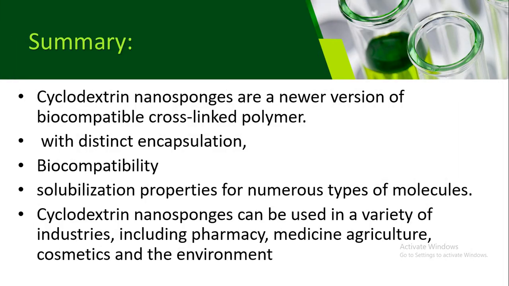In the summary, I want to conclude that cyclodextrin nanosponges are a newer version of biocompatible cross-linked polymer. The cyclodextrin nanosponge has distinct encapsulation because it has a lot of cavities, so it can encapsulate.